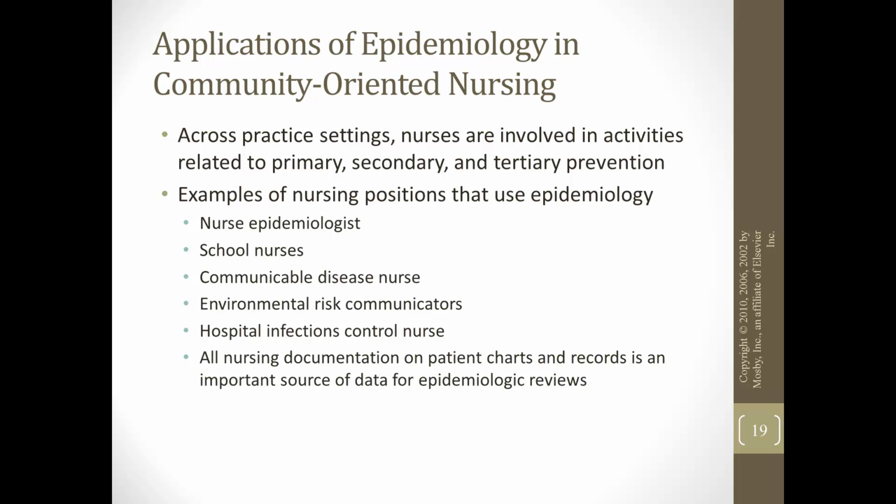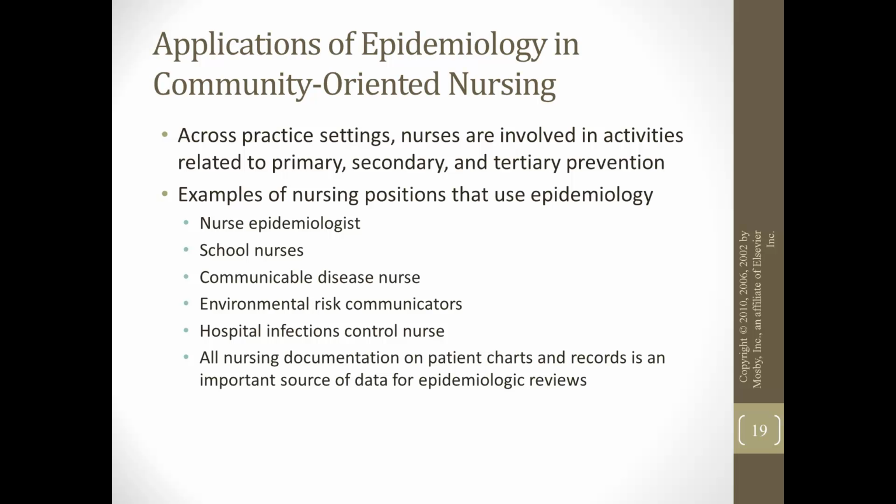A communicable disease nurse may also work in a public agency, possibly at a hospital, usually not, looking at diseases maybe like TB. Environmental risk communicators might help with education about community risks, environmental risks, and also identifying them. Like I said, the hospital infectious control nurse or disease nurse is also another role that a nurse epidemiologist could do.